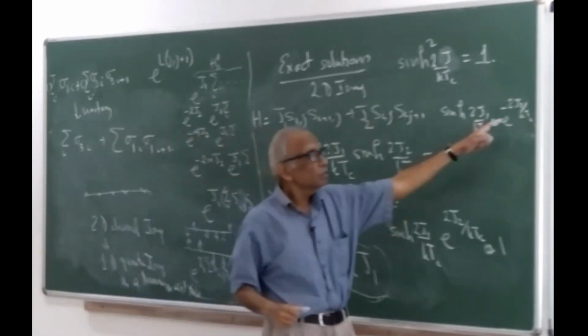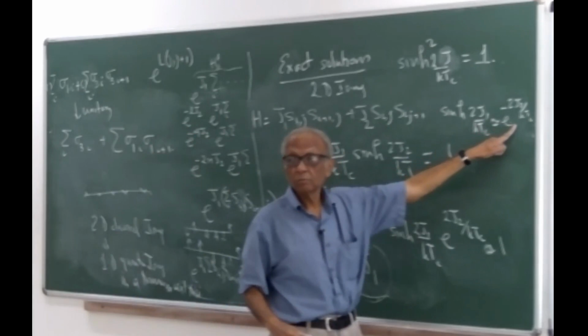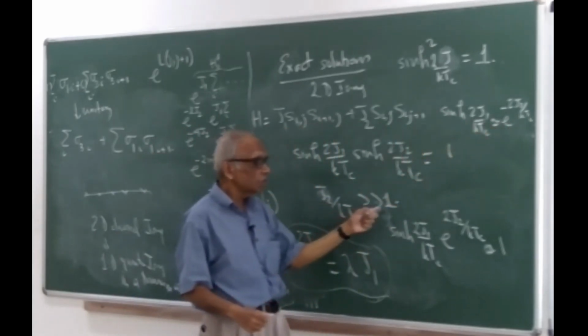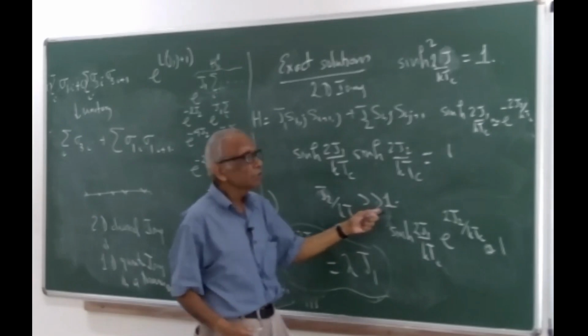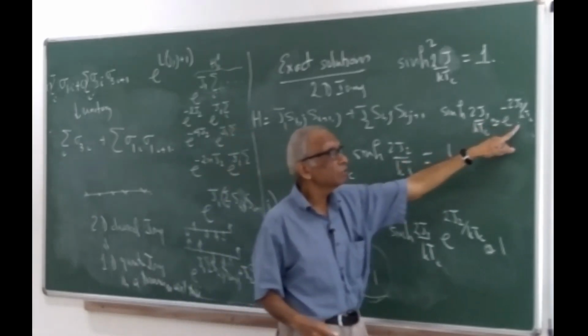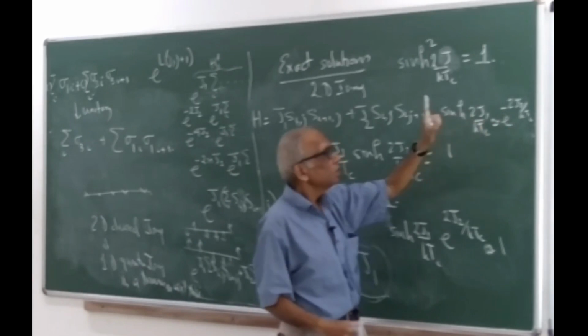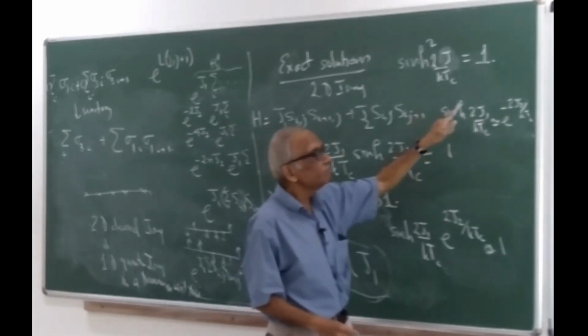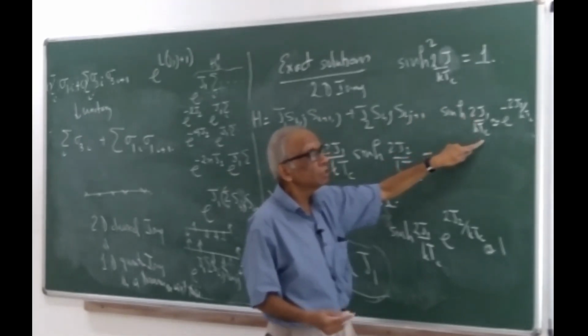This is small, because the approximation was that J2 over KTC is much greater than 1. So this right-hand side has now become small, and the left-hand side has to become small. The only way it can become small is by 2J1 over KTC much smaller than 1.